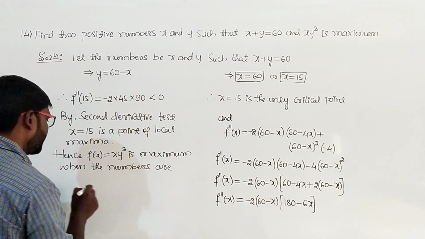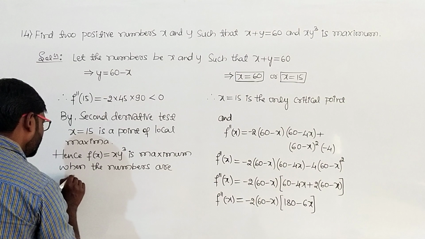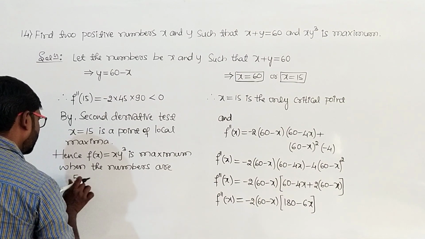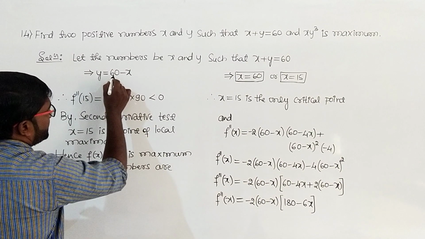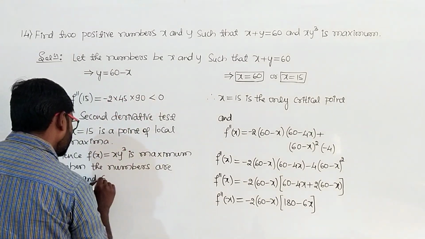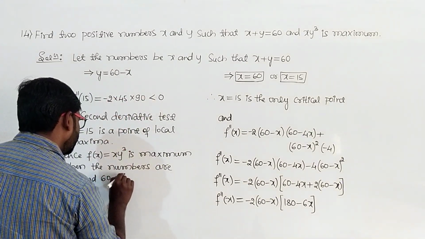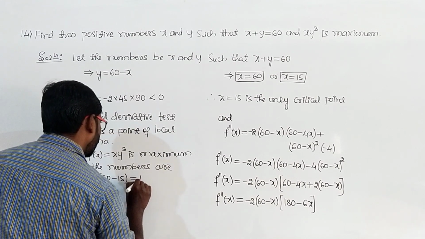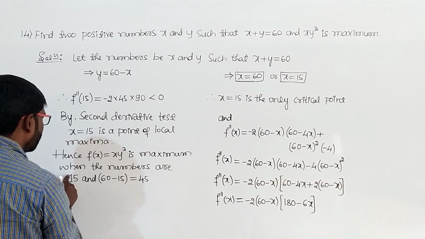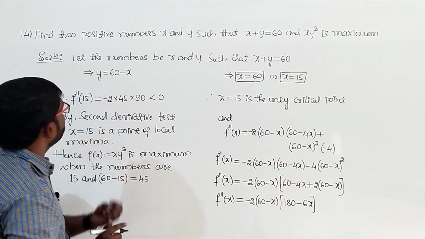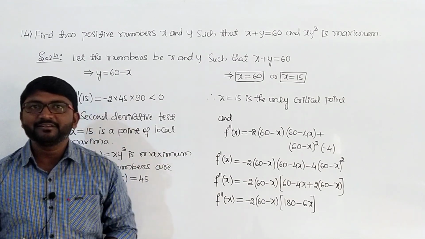So what is x here? It is 15. When the numbers are 15 and 60 minus 15, which is equal to 45. That means overall the required numbers are 15 and 45. So this is all about the 14th problem.